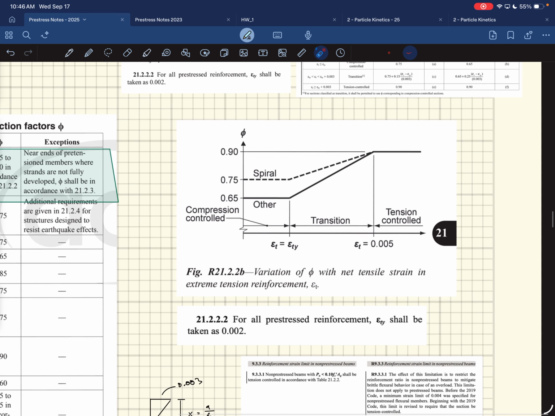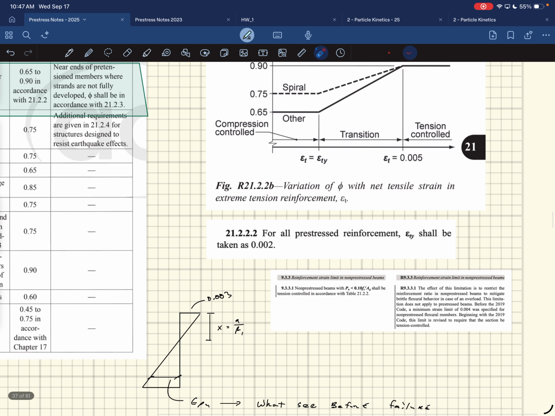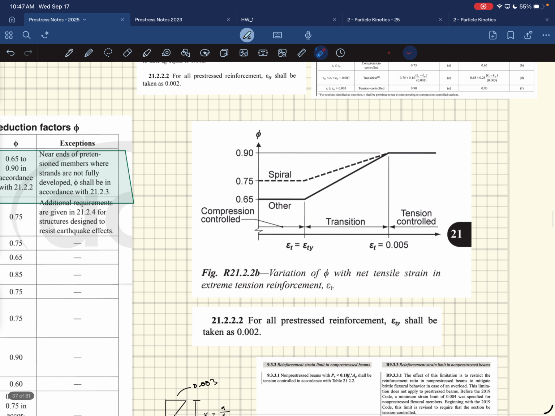It's right here, right? It varies. It starts out, depending on if you have spirals or ties, and then it goes like that is what it's going to end up being, right? And so it's based off of what the epsilon sub t is, this epsilon sub t right here, right? And so it increases based off that, and that has to do with warning, right?